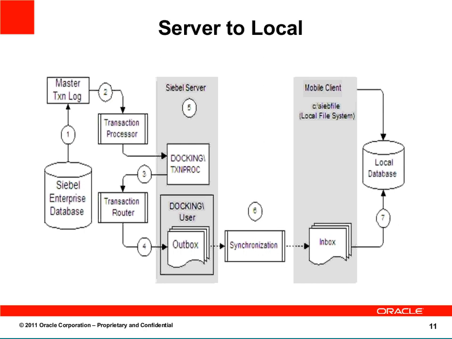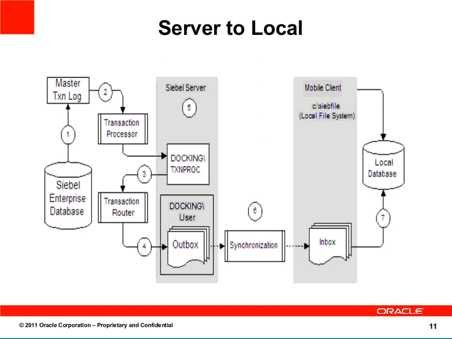I think 90% of the performance issues with remote are in this process, the transaction router. We can improve the performance by changing parameters, and I will give some tips about the transaction router.